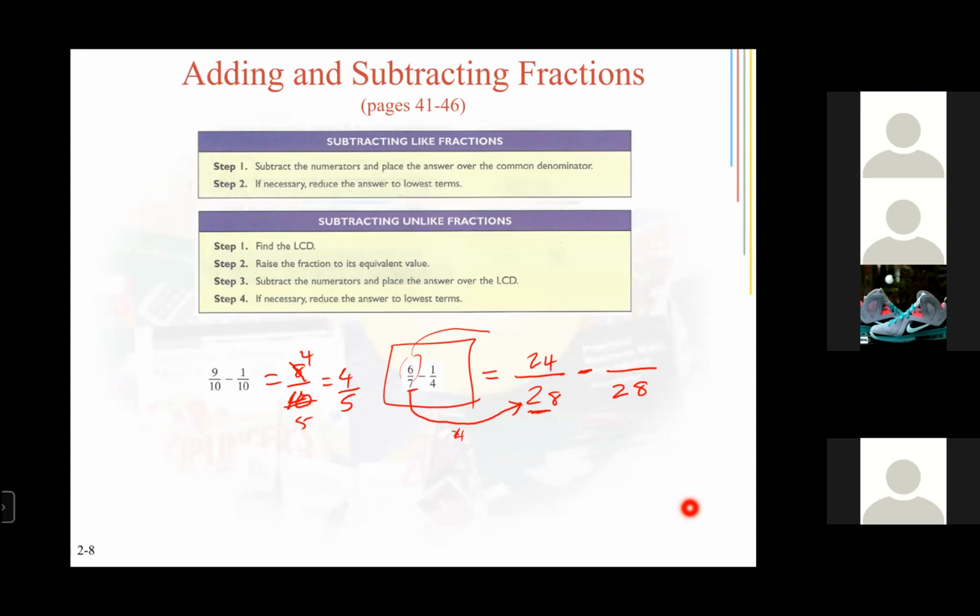And then the second fraction, which is a quarter. So we say 4 times 7 is 28.